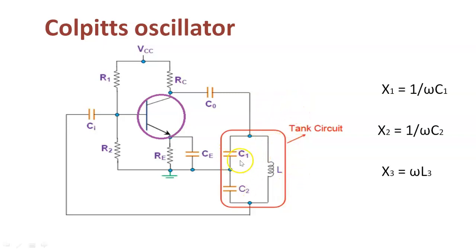The reactance of capacitance C1, denoted X1, is equal to 1 divided by omega C1, and the reactance of capacitance C2, X2, is equal to 1 divided by omega C2. The reactance of the inductance, X3, is equal to omega into L3.